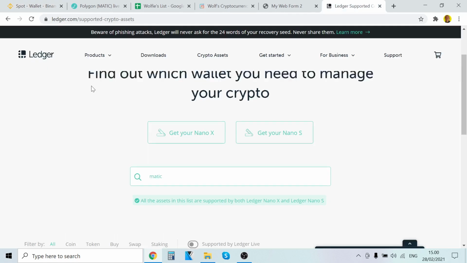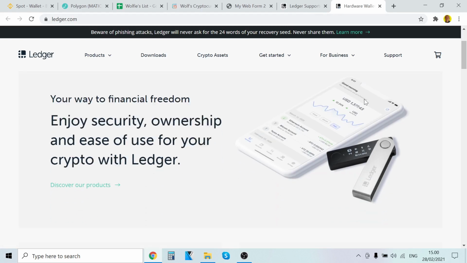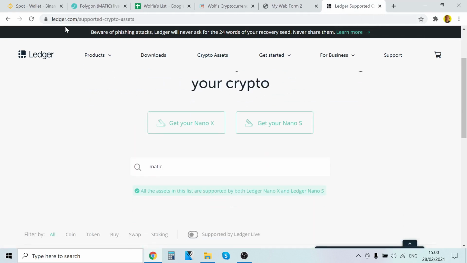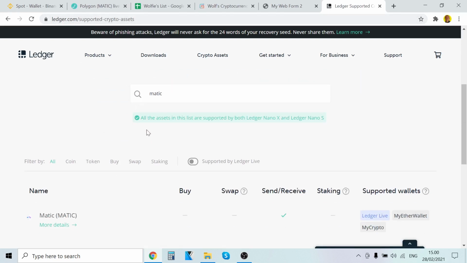So what I recommend is using Ledger. You can find the link in the description. Always use the official website, so you can find that in the description. After that, you can come to this website, crypto/supported/crypto asset, and here you can find a list of crypto assets that Ledger wallet supports.